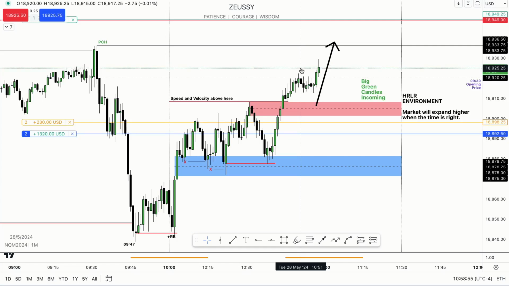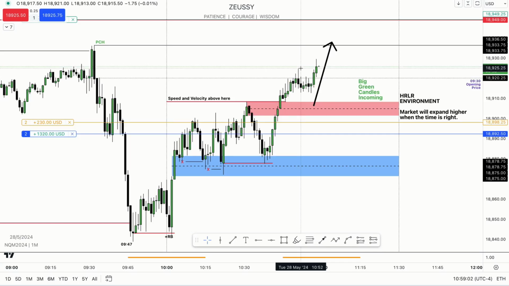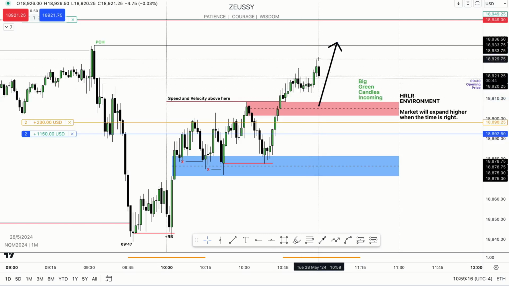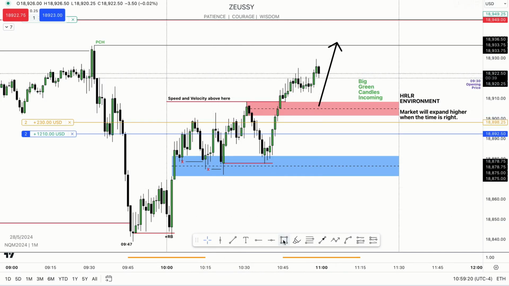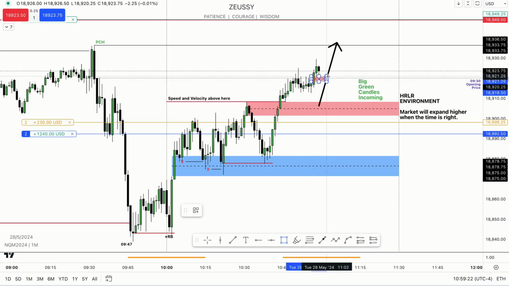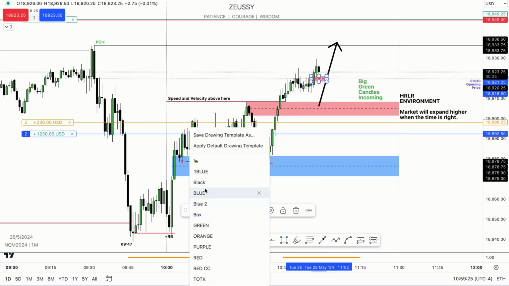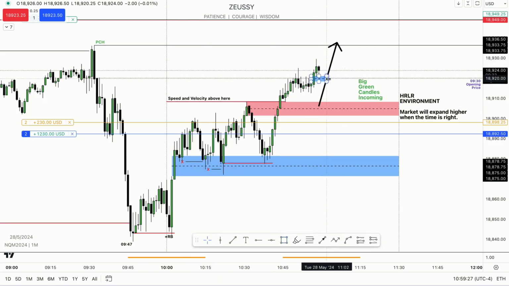ES is not yet trading above that high, whilst Nasdaq is. By itself, not a cause for concern, however, something to be aware of. At this point, the market should never trade below this low again, because this high to this low is a consolidation price range. We've taken out the high, we've displaced to the upside, we trade above the 930 opening price. I never want to see the market displace below that again, especially this BC that displaced through the 930 opening price.